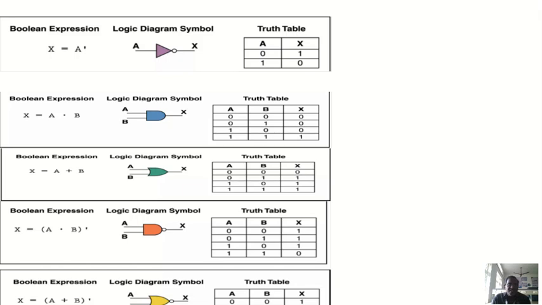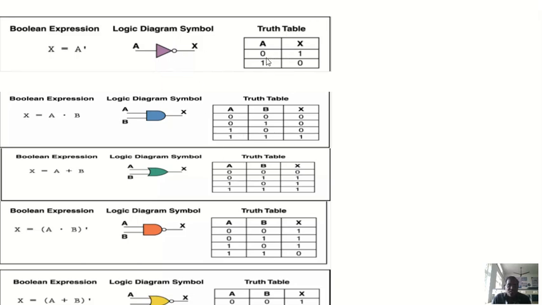Now we can see the logic diagram symbols one by one. This is the logic diagram symbol for the NOT gate, where the input is given. In this diagram we explain the Boolean expression, logic diagram symbol and truth table.